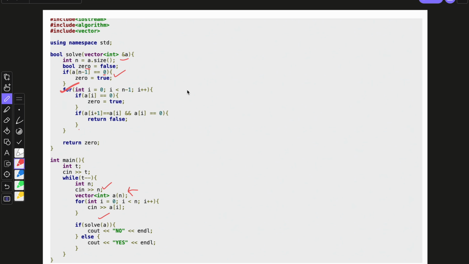It is not going to go up till the n minus 1th player, because it is going to check the n minus 2nd player with the n minus 2 plus 1th player, which is n minus 1. And as soon as I is n minus 1, the loop is going to break out. So this condition for the n minus 1th player won't be checked, so we're checking it first.